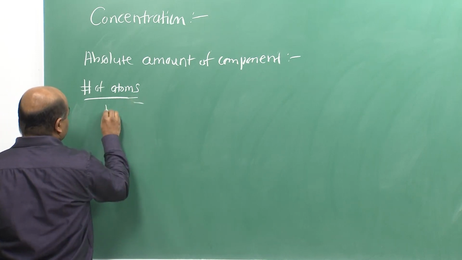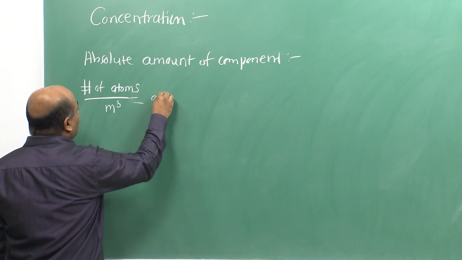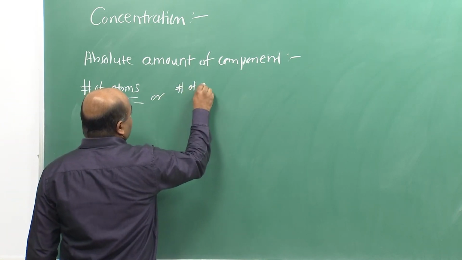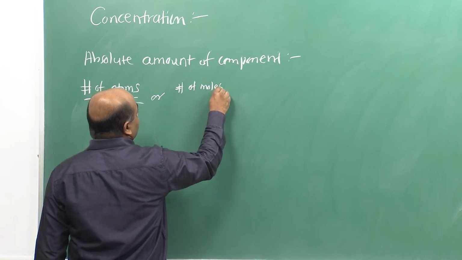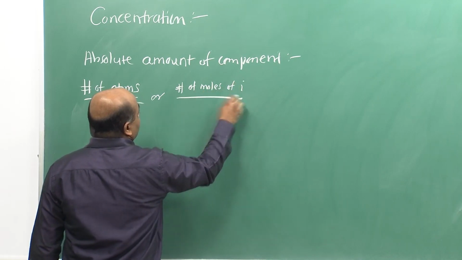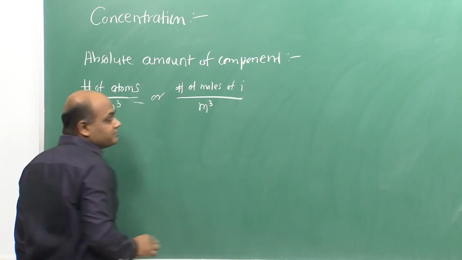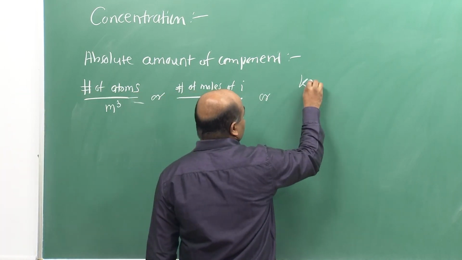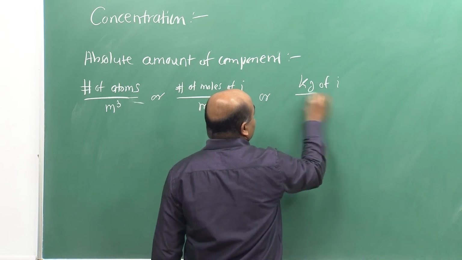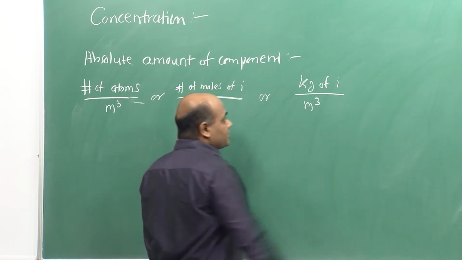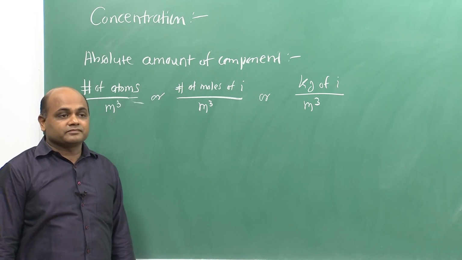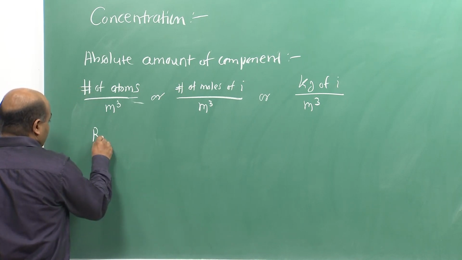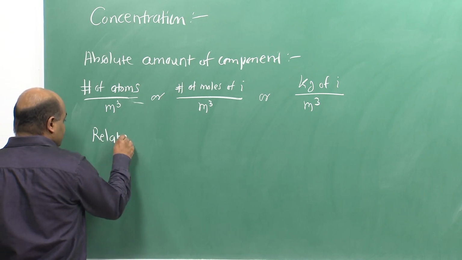So, number of atoms per meter cube, or it can be number of moles of I per meter cube of alloy, or it can be in terms of weight, kg of I per meter cube of alloy, or it can be in terms of relative amount of components.